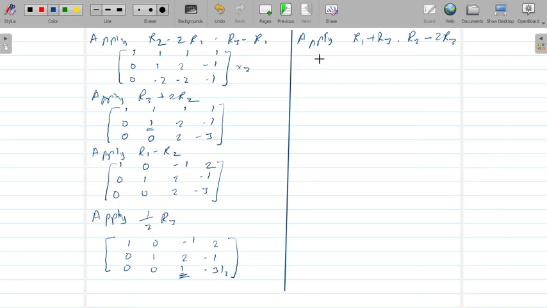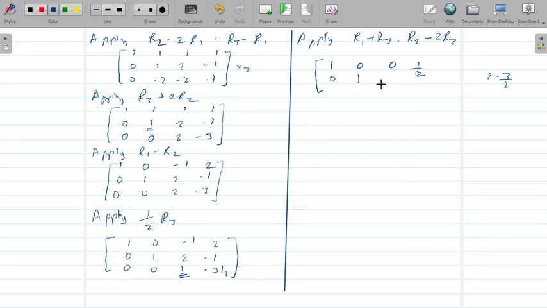So this matrix will reduce to R1 plus R3: 1 plus 0, that is 1, 0 plus 0 as it is, minus 1 plus 1, 0, and 2 minus 3 by 2, so 4 minus 3, and this is 1 by 2. Then R2 minus 2 times R3: 1 minus 0, this is 1.